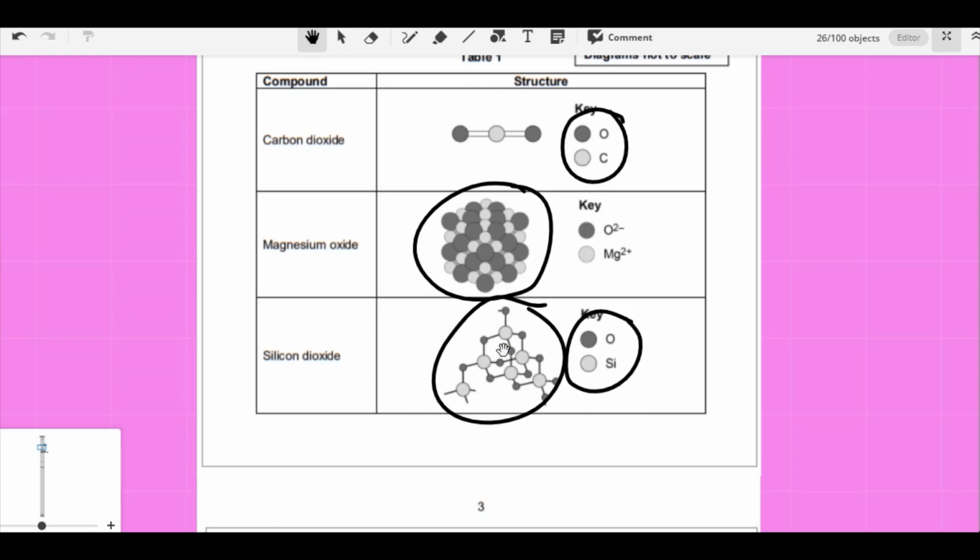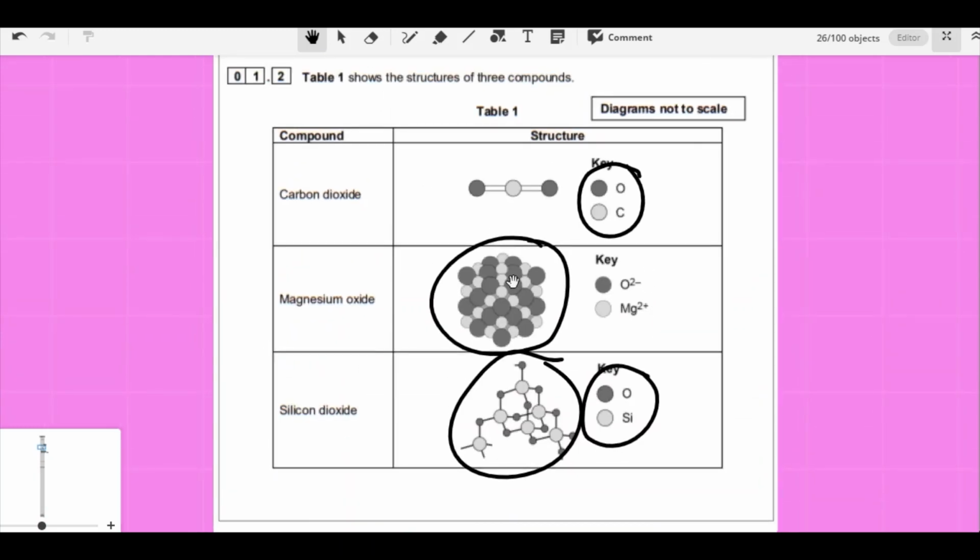You can see here all are single bonds, whereas one silicon, the white ball, is bonded with four black balls, so it is bonded with four oxygens. So you can write the bonds in silicon dioxide are single bonds, whereas each silicon forms four bonds with oxygen, while each oxygen will form two bonds.